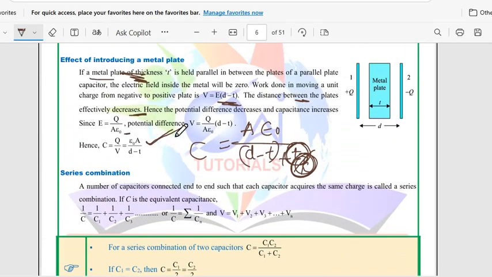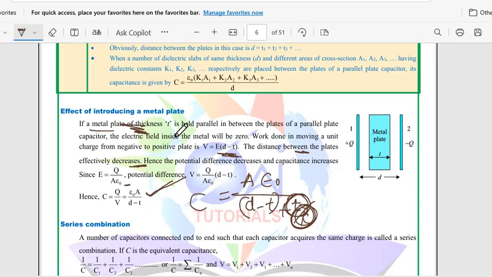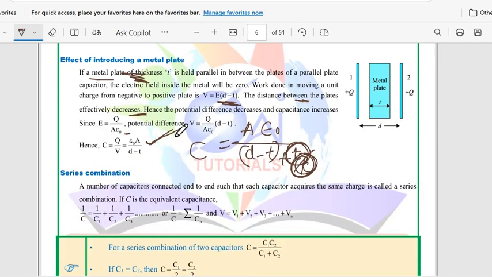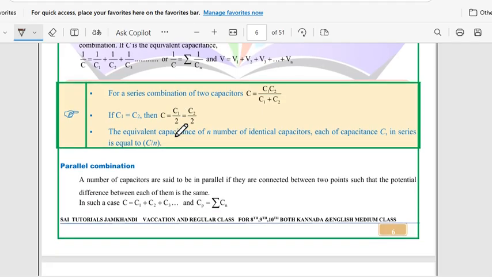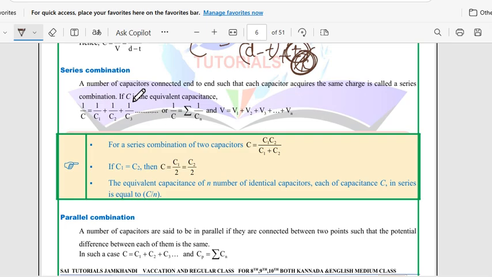I hope this concept is clear to you. In the next session, let us discuss the series combination, parallel combination, and the concepts related to them.